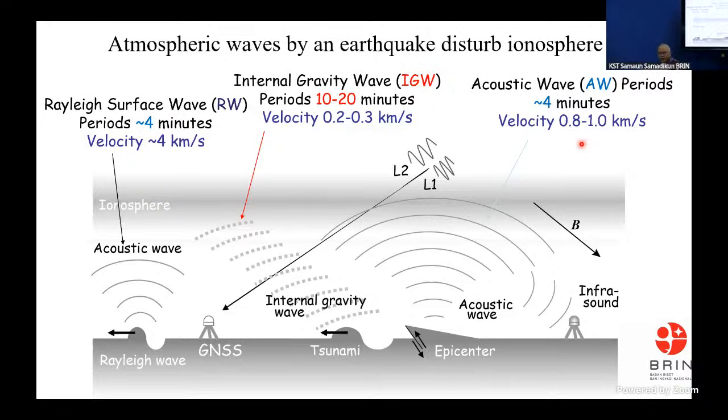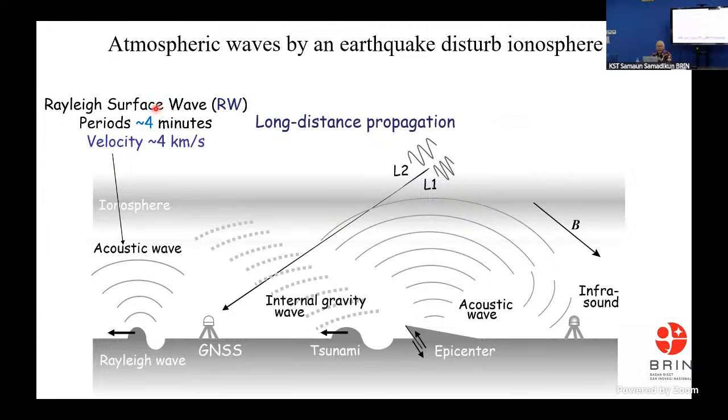It is nearly 1 kilometer per second. And this surface wave origin acoustic wave propagates at 4 kilometers per second. And the gravity wave is much slower. So there are 3 different velocities of the disturbance.